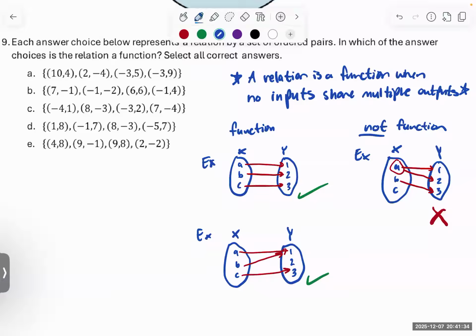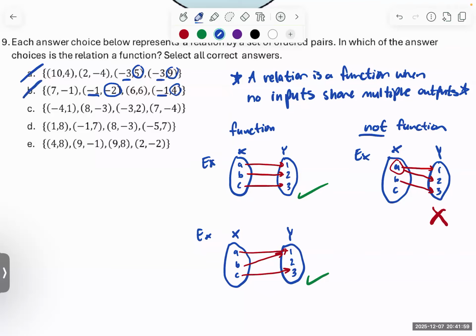So let's see, 10, 2, -3, -3. And we see that -3 has two different outputs. But we cannot have that, so it's not going to be that. And then I see we have 7, -1, 6. So -1 appears twice, and it has two different outputs.